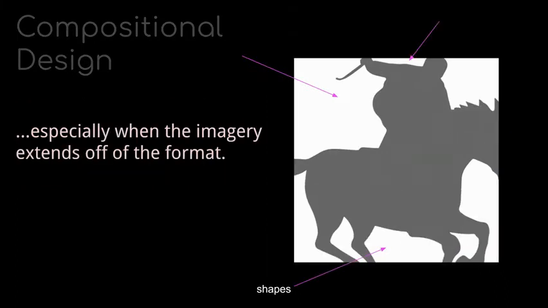And this slide shows that especially when the main shape is extended right off the format, those other shapes, in this case the white shapes, are more obvious. We can actually see them as shapes. It's not just a bunch of space. So you need to consider that part of the artwork as being just as important as the main imagery.